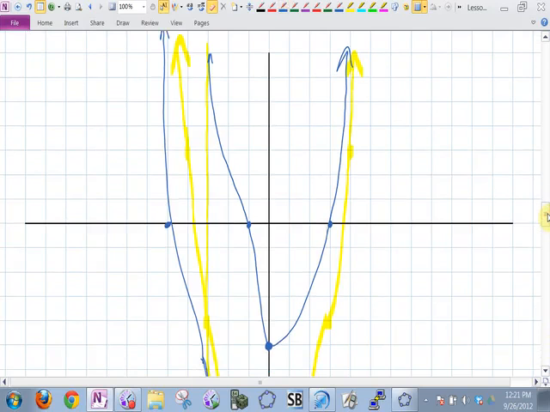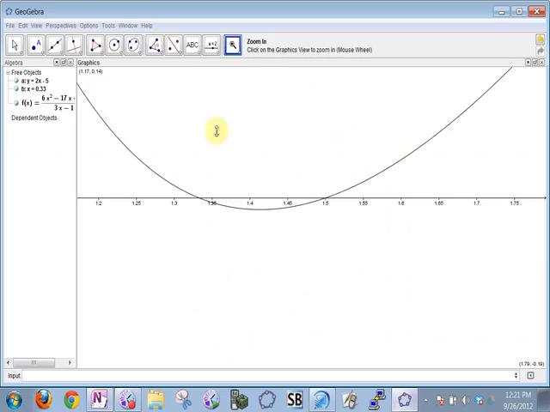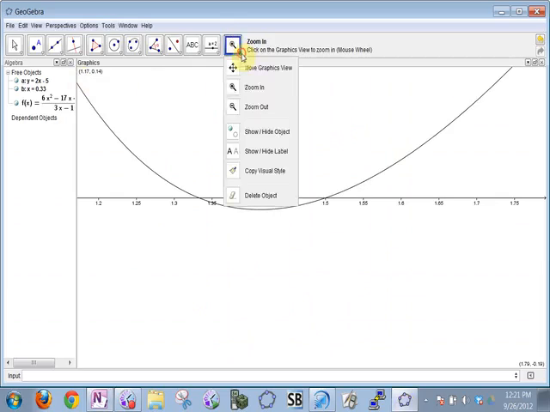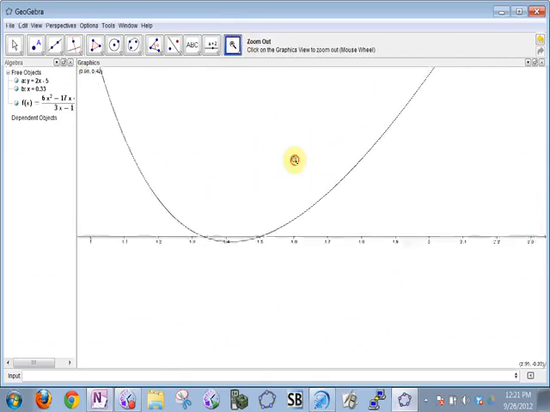Does that make sense? We did something like that on GeoGebra and it had an insane amount of lines. Yeah, the one I created a week ago, I gave it a whole bunch of vertical asymptotes.